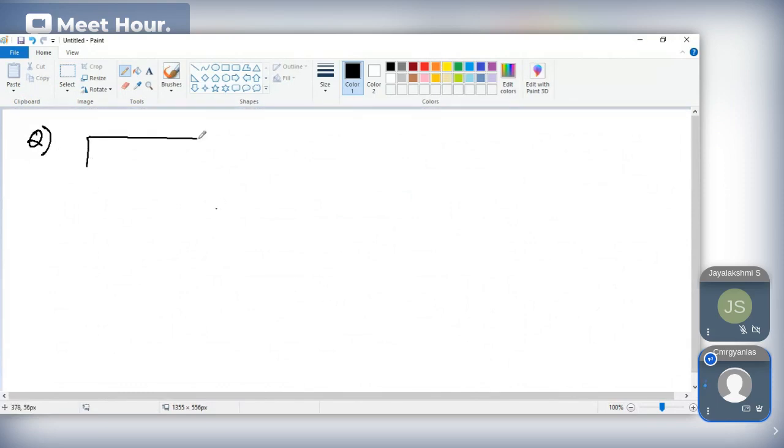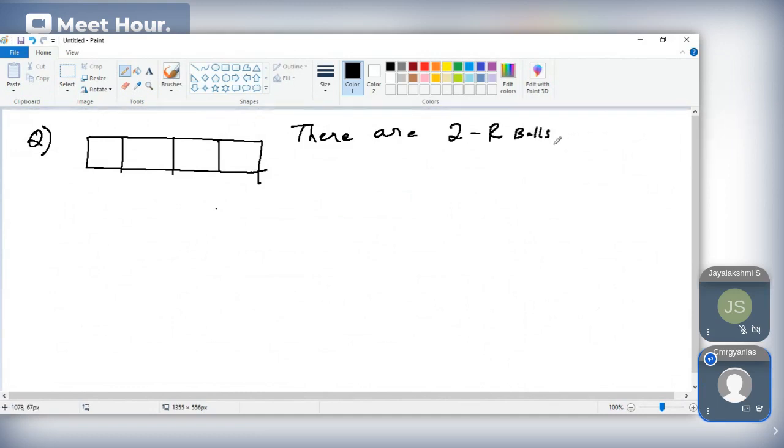They are given one diagram like this. So the question is, there are two red balls, two black balls, and two white balls.